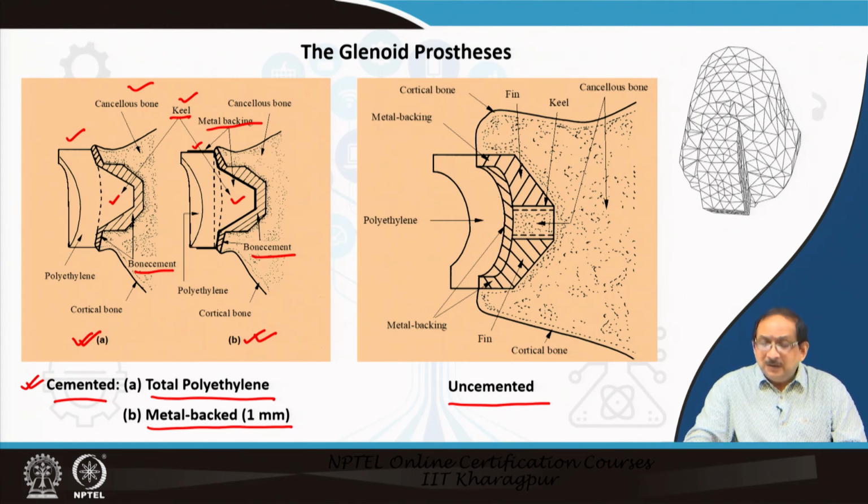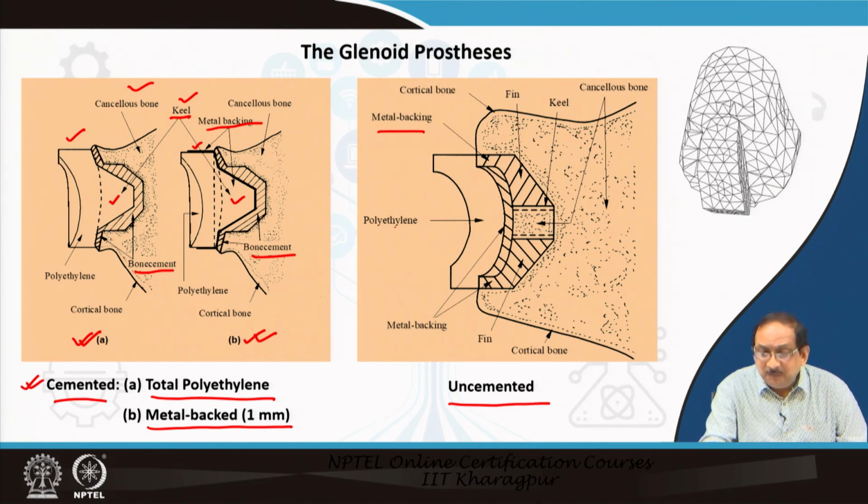Now, let us see the uncemented design. In the uncemented design, we have a far more solid metal backing as indicated by the hatched area.